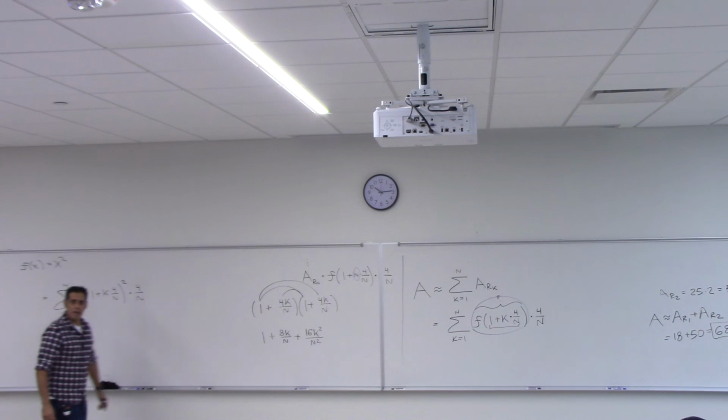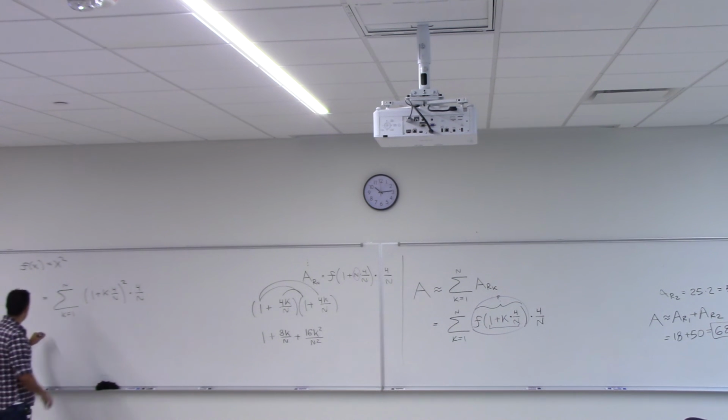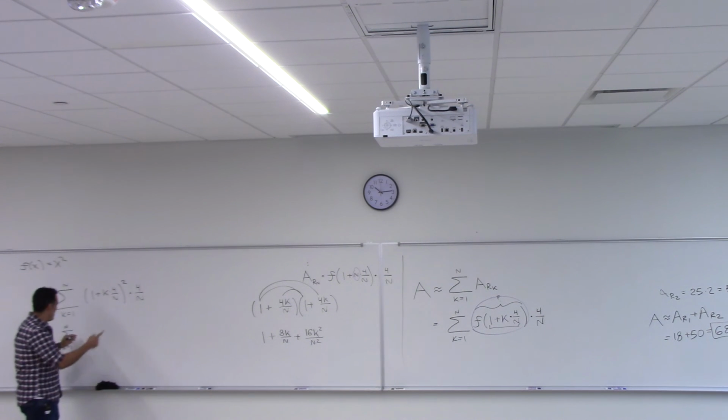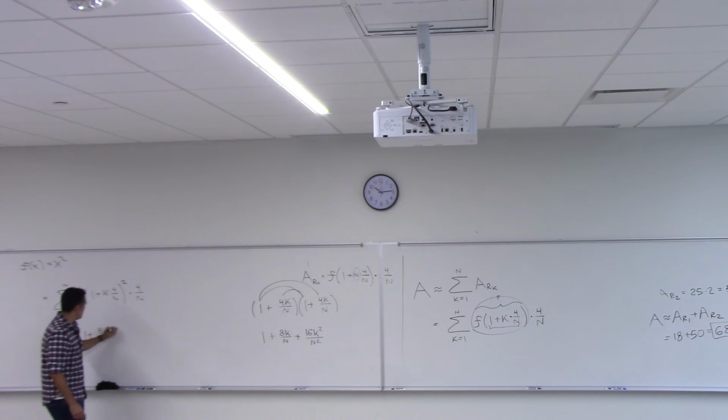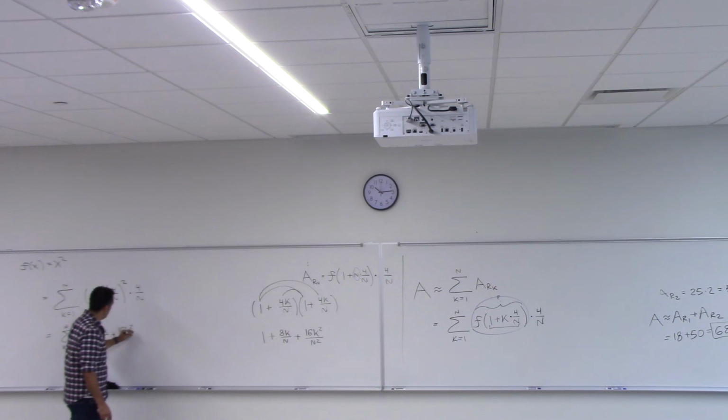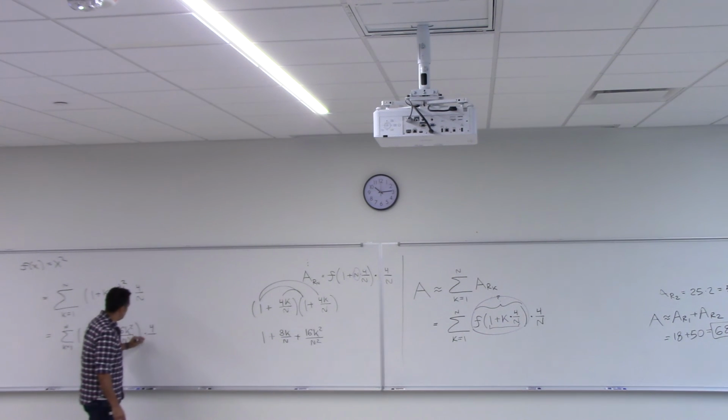Isn't that what I would get? Okay, that goes here. Sum k equals 1 to n of that, 1 plus 8k over n plus 16k squared over n squared, and then I still have out here 4 over n.